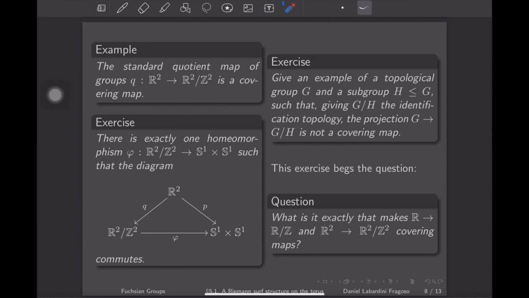The projection from G to the set of left cosets.